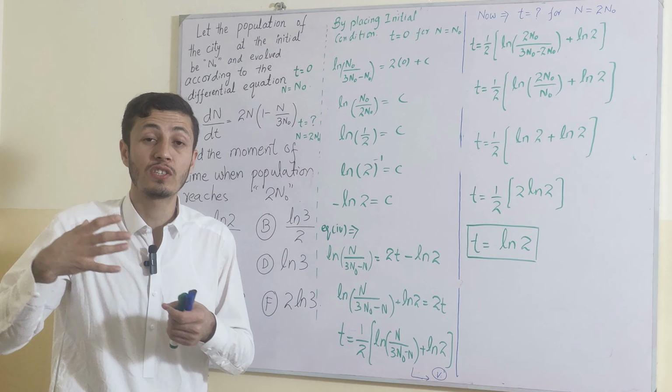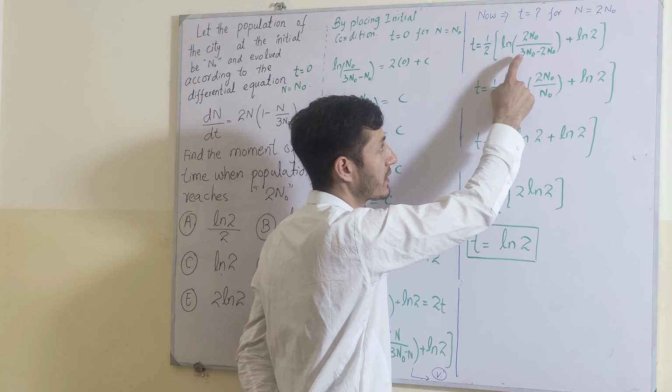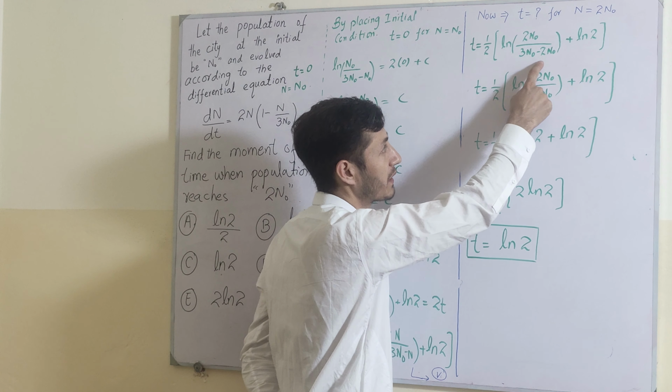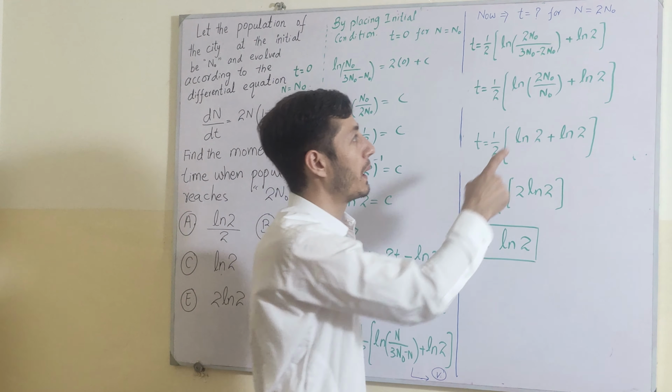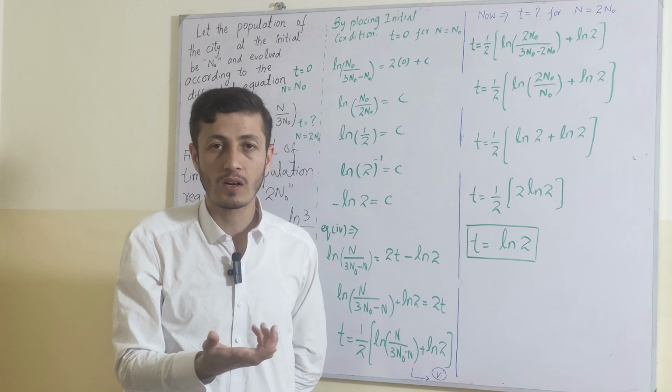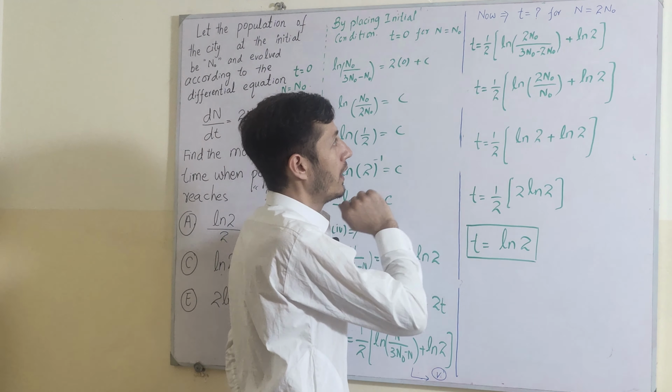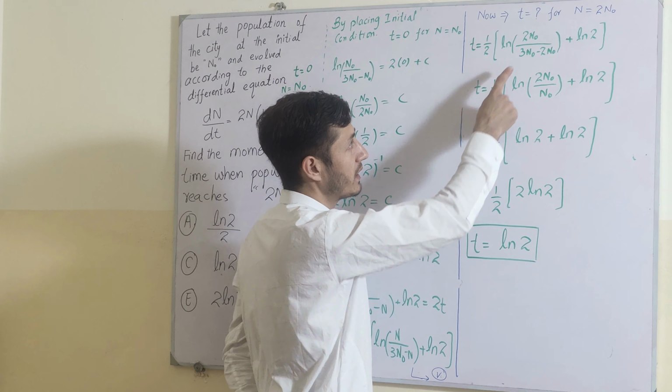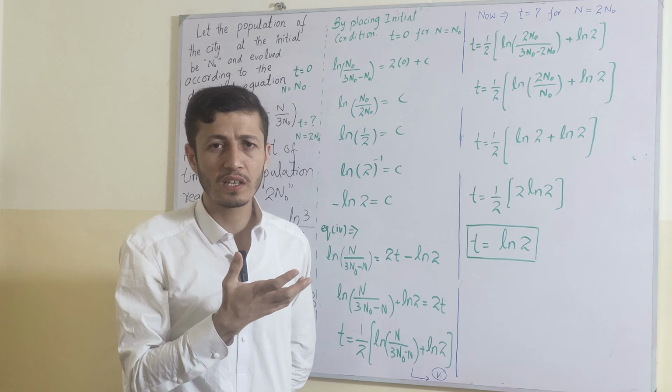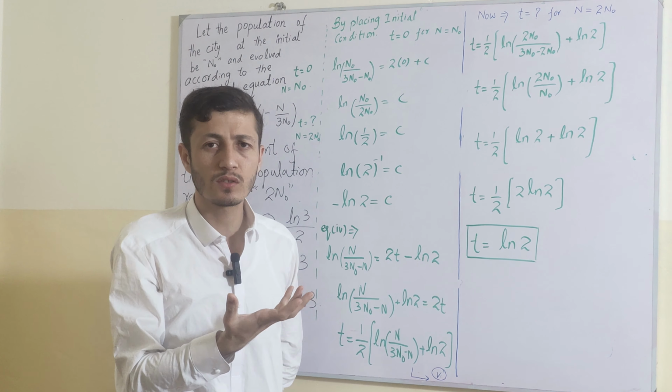So it becomes t is equal to 1 by 2 natural log of, in place of n we have to place 2 times n naught divided by 3 times n naught minus 2 times n naught, plus natural log of 2 as a constant as it is. Now by simplifying this, in the numerator it remains 2 times n naught.